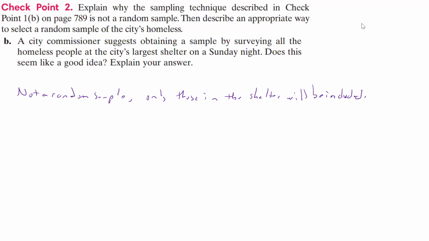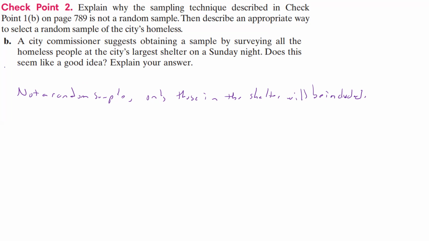All right. So what would we do to make it a random sample? What I would say is we need to go and look at all the different areas where the population is for homeless people. So maybe there's only 3 areas where there really is homeless, and we need to go to each of those areas and then take a random sample of each of those areas to get the total random sample from around the whole city.